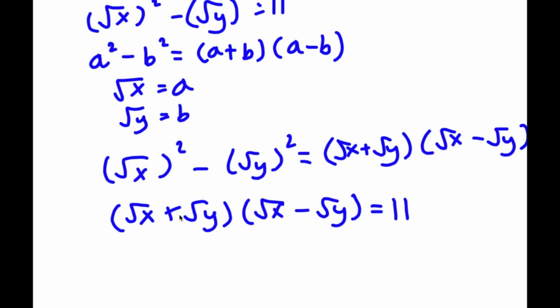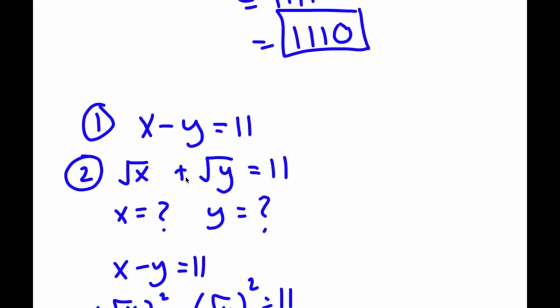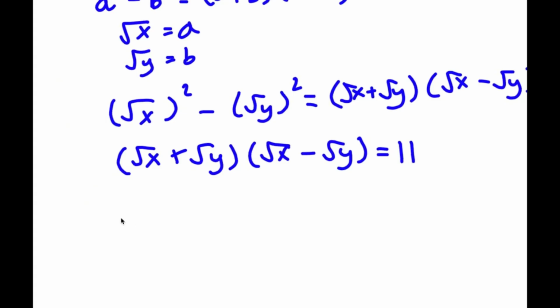Now, remember, our second equation was the square root of x plus the square root of y is equal to 11. So right here, as you see, we have the square root of x plus the square root of y. So now I'm going to substitute in 11 for the square root of x plus the square root of y. So now I have 11 times the square root of x minus the square root of y is equal to 11.